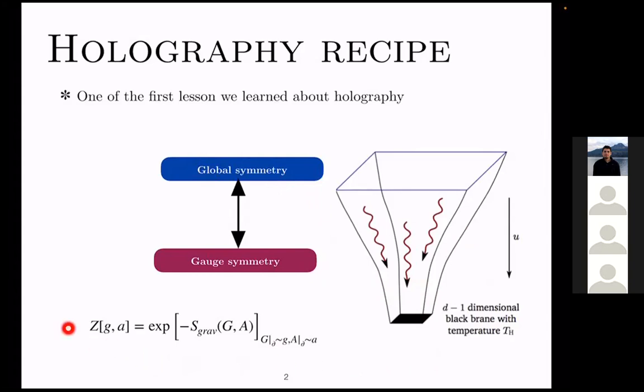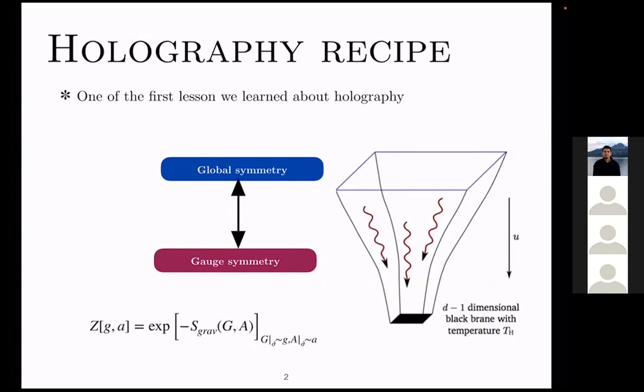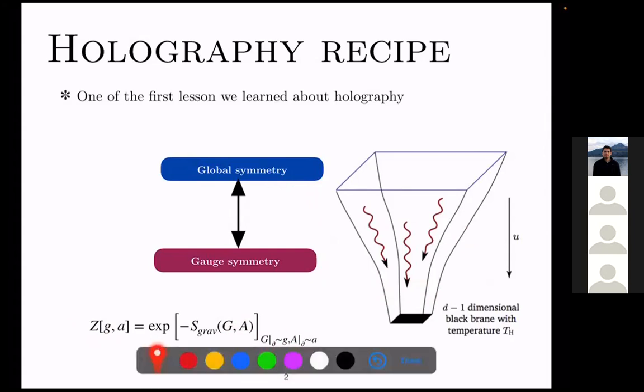More precisely, you have a partition function with the background metric G and background gauge field A, and then you promote them to the dynamical metric, capital G, and the dynamical gauge field, A. So you make it into a gauge group, and they are related to each other at the boundary.